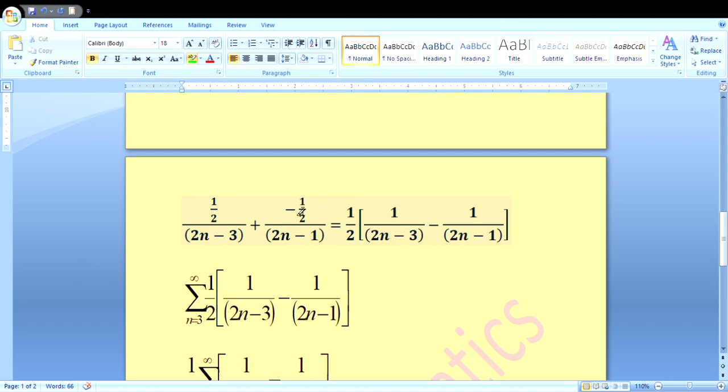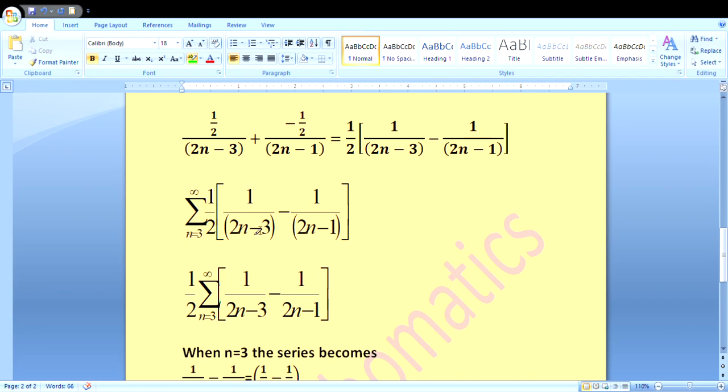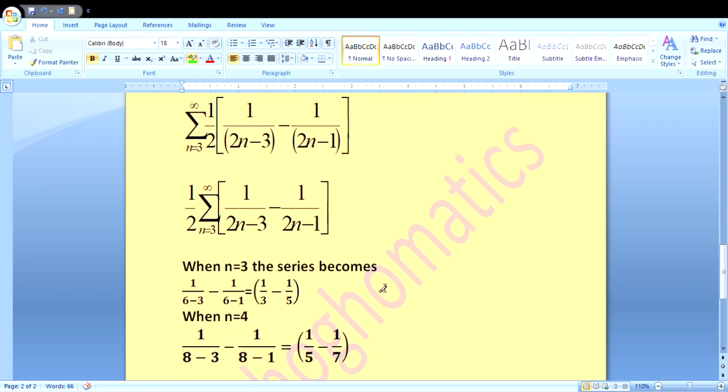The minus here times plus here becomes minus 1 over 2n minus 1. Okay, we substitute this in our sum to infinity. Because this half is a constant, we'll bring it back here. It becomes the sum for n moving from 3 to infinity, of (1 over 2n minus 3 minus 1 over 2n minus 1). Here our work begins.